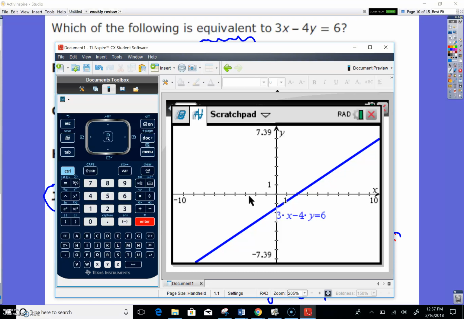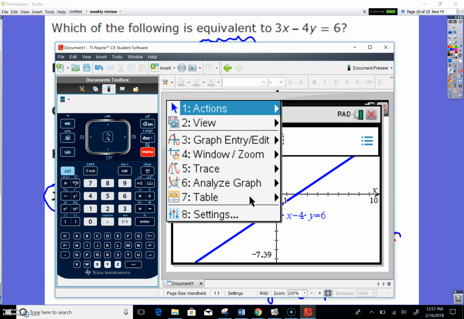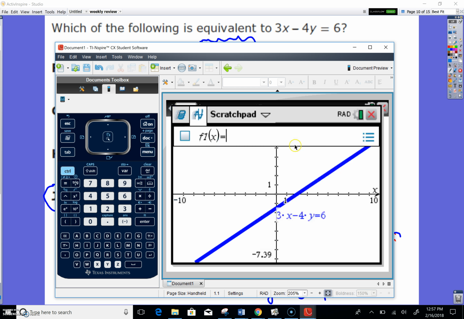That's what my graph looks like. Then my answer is actually in slope-intercept form, so I'm going to go to graph entry and make it a function again.